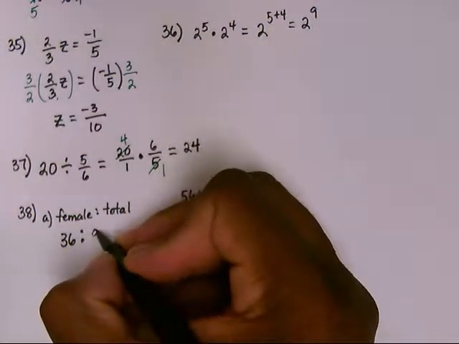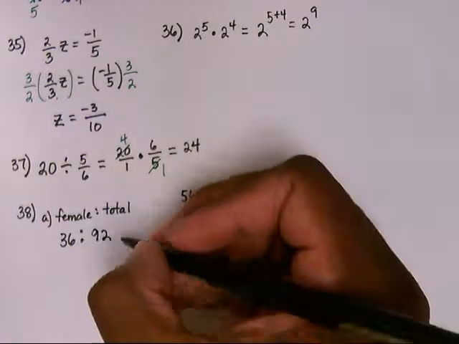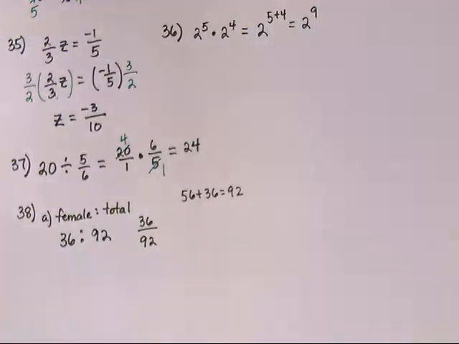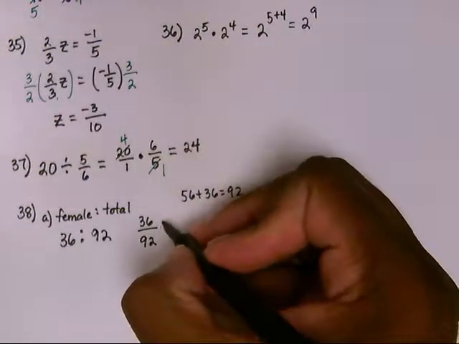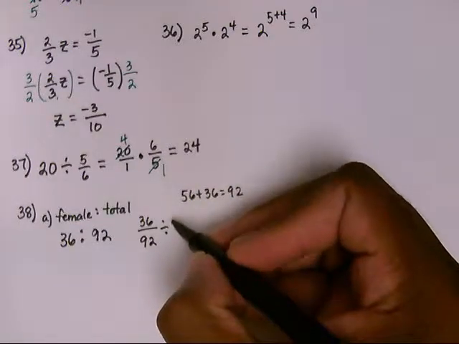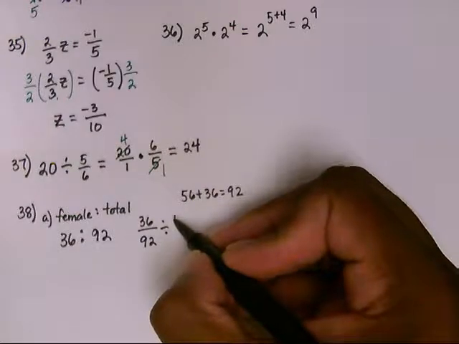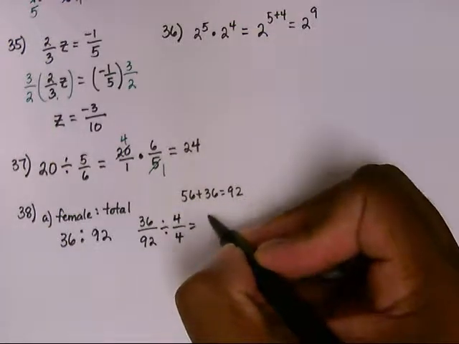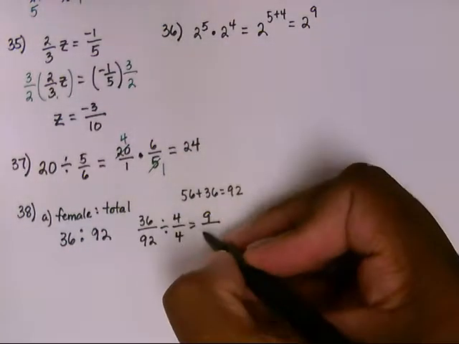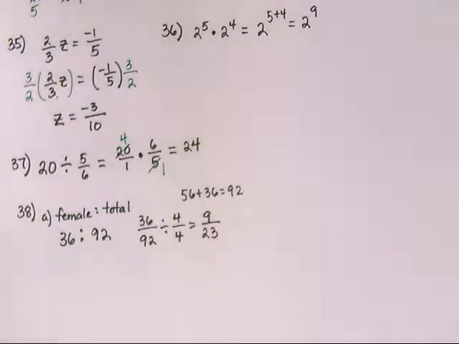Now, that's going to be 36 over 92. Now, I'd like to reduce that to simplest form. So here we're going to divide both the numerator and the denominator by 4. This will give me 9, and then 92 divided by 4 will give me 23. So that ratio is going to be 9 over 23. So that's part A.